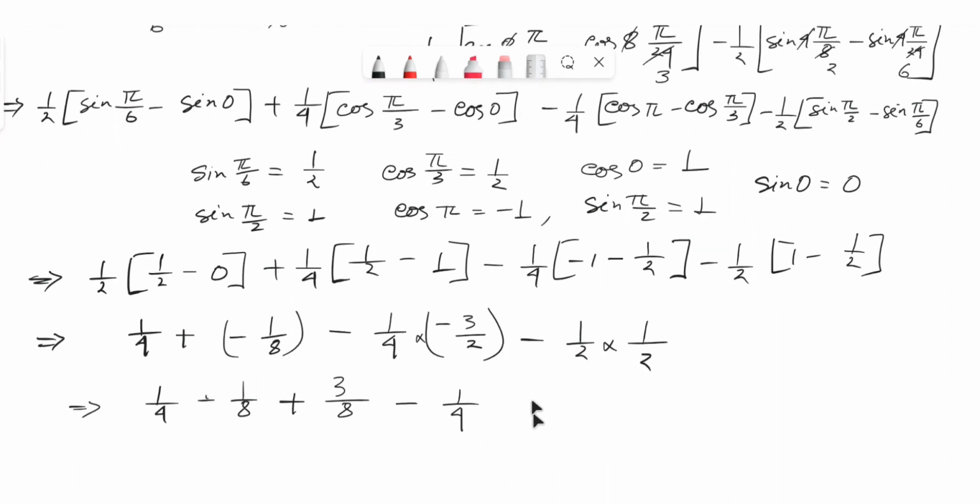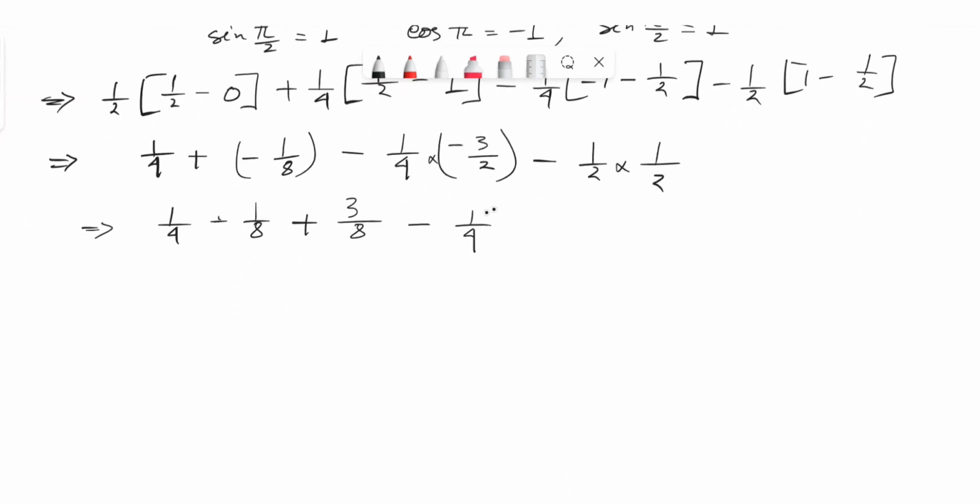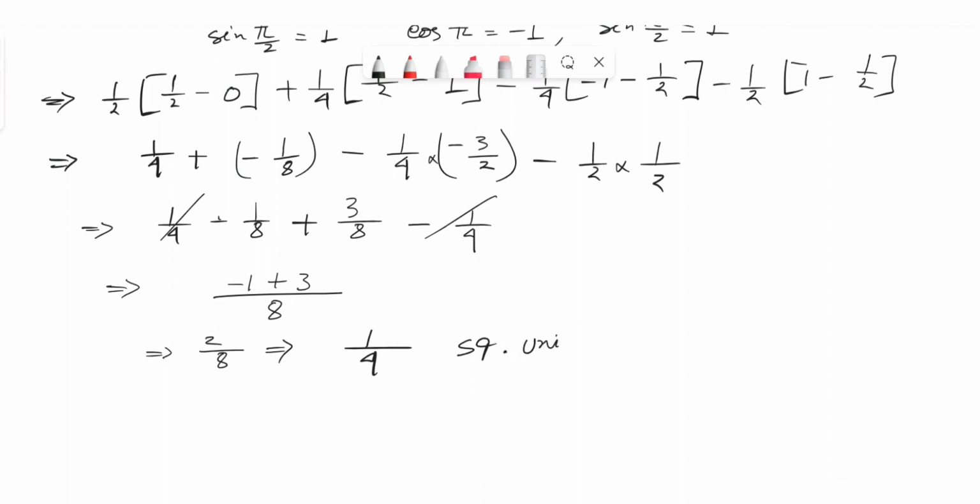If we calculate this, this will cancel, and it will simply give us 8 minus 1 plus 3, that is 2 by 8, which gives us 1 by 4. This is in square units, which is the area enclosed. This is the required answer.